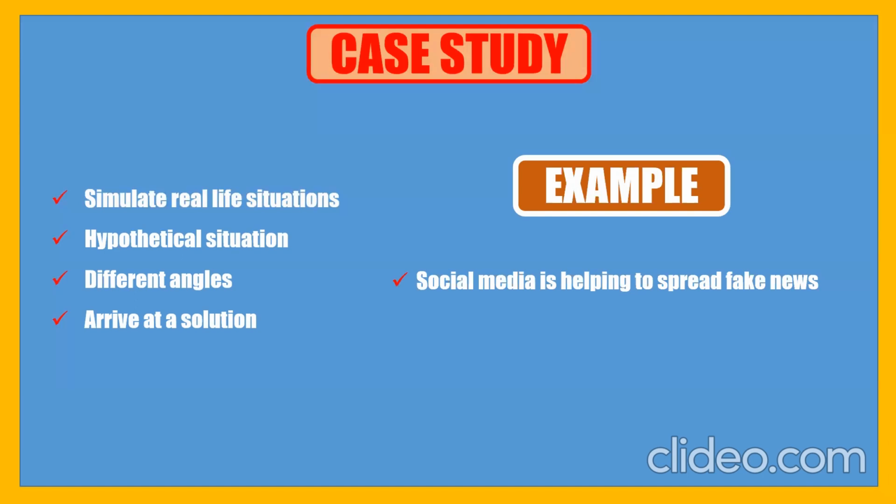Otherwise, sitting at home, it could have been a very difficult moment for us. At the same time, sometimes social media is used to spread news and rumors which may not be based on factual information. So one has to try and find out whether it is derived from some factual information. We have to cross check rather than believing everything social media says. In this way, the analysis can go on.